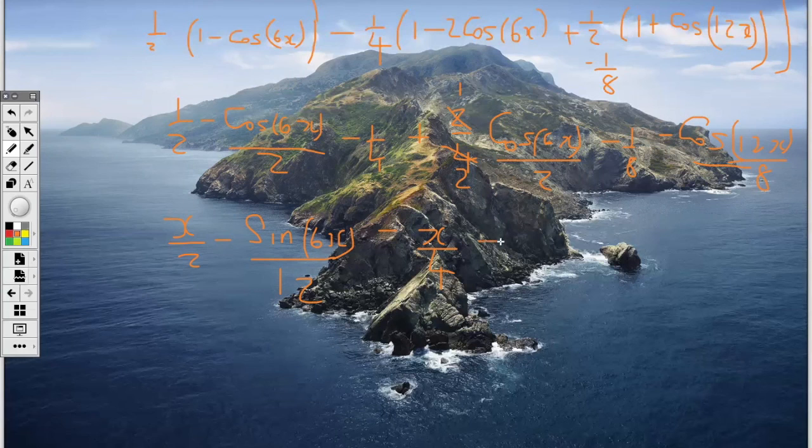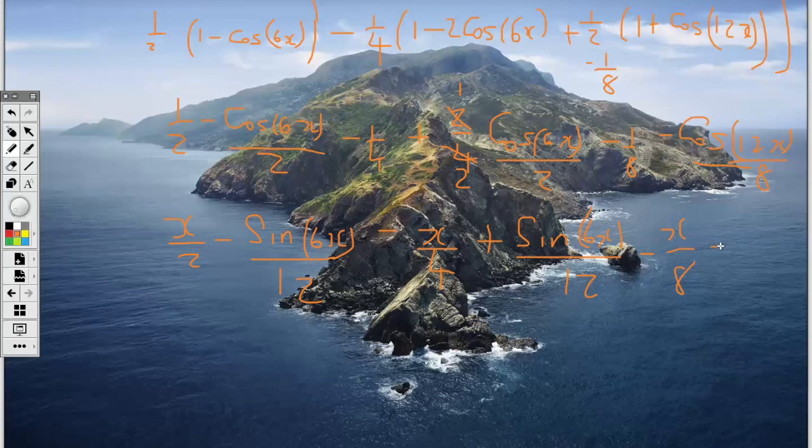So this is the same thing as cos 6x over 2, and when we integrate this now, we'll get sine 6x over 6 times 2 to give me 12. And again, this would be 1 over 8 x or x over 8.